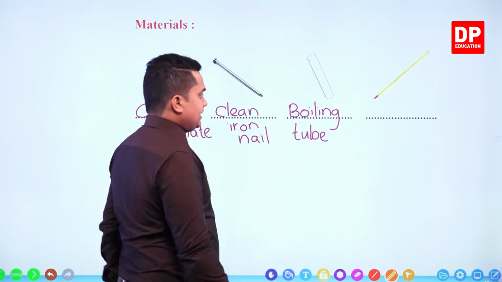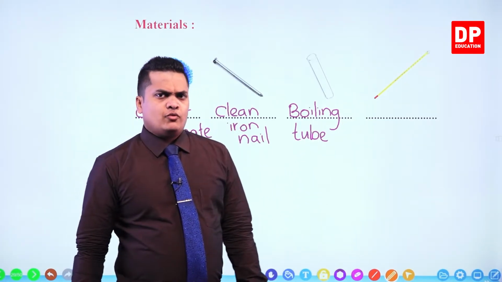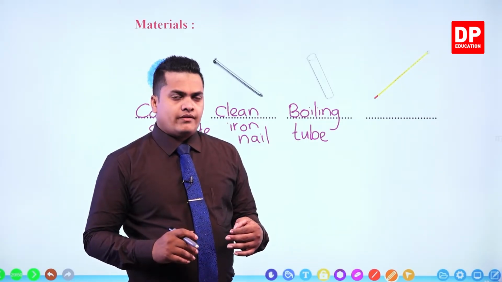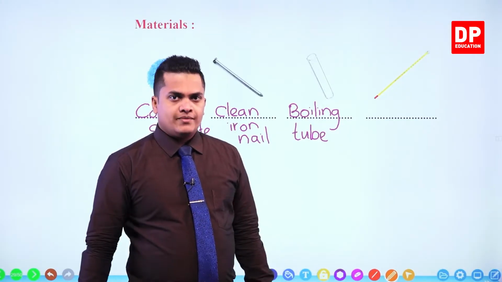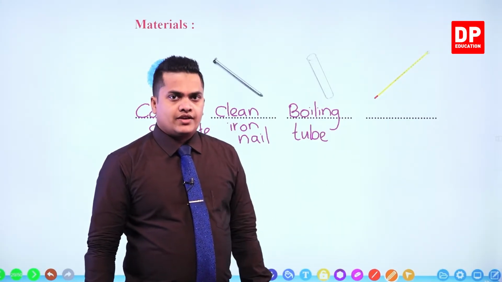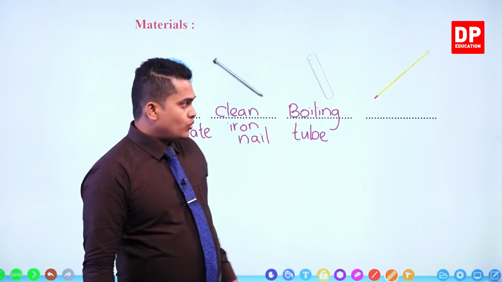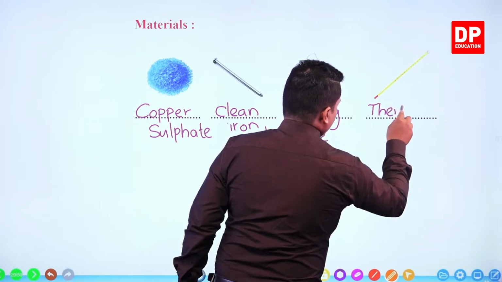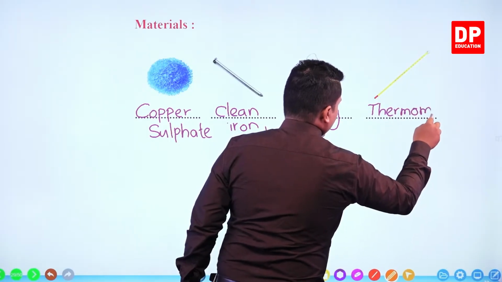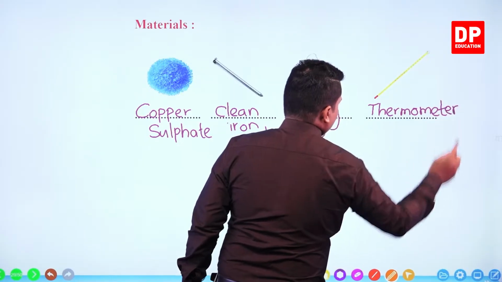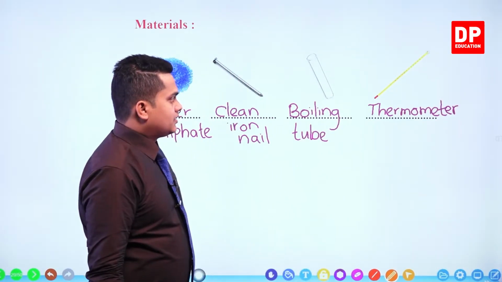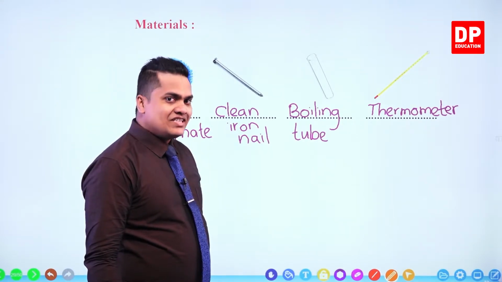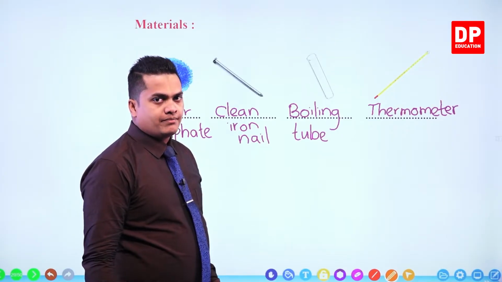And especially within this activity, to check whether there is any kind of a temperature difference, to measure the initial temperature and the final temperature, we'll be needing a thermometer.